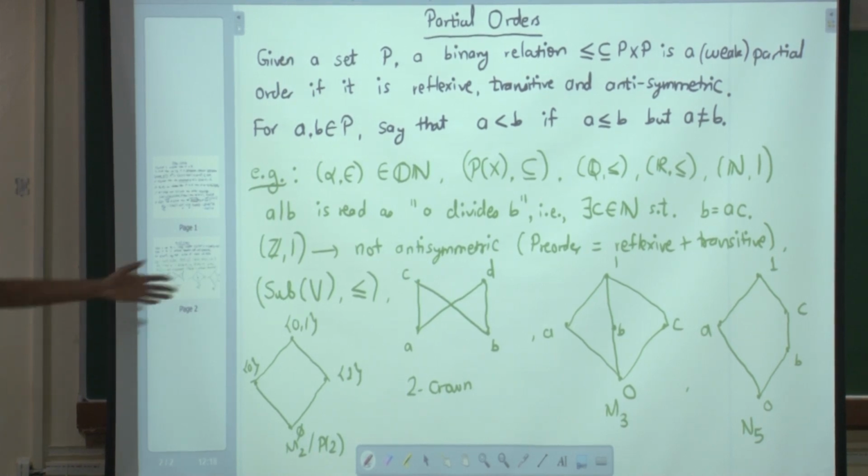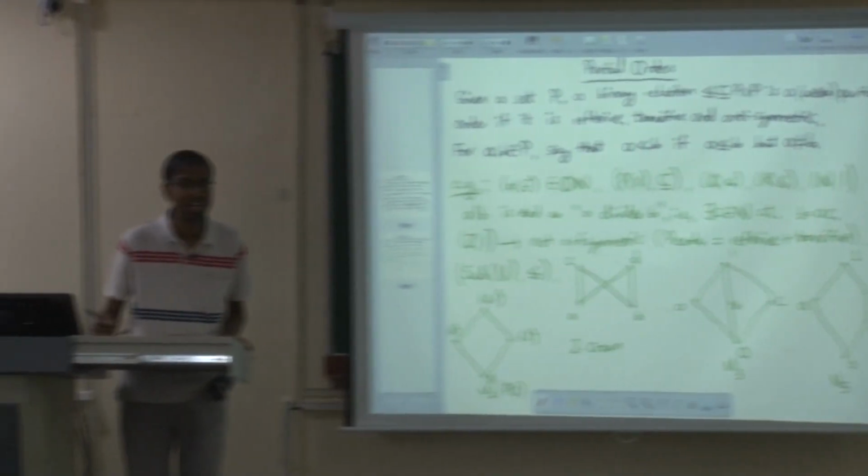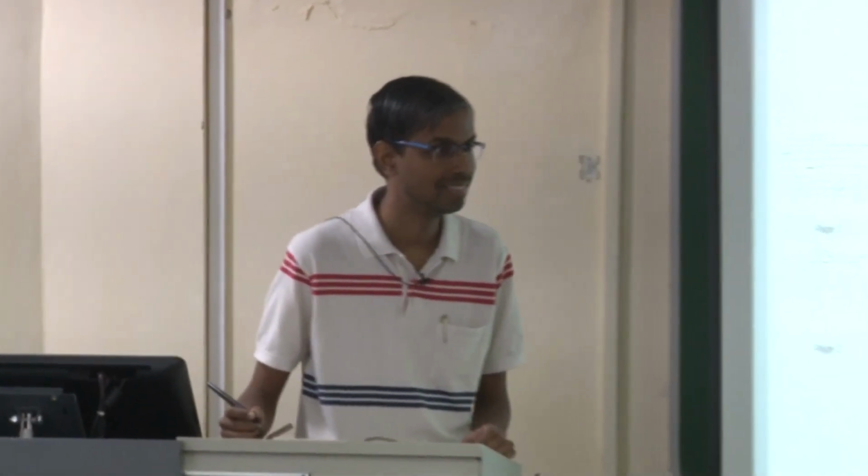Now we have been drawing these diagrams. These diagrams have a name. They are called Hasse diagrams, after the German name, Helmut Hasse. Should they be directed?